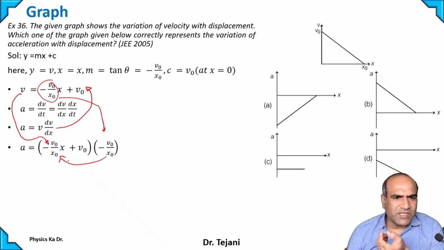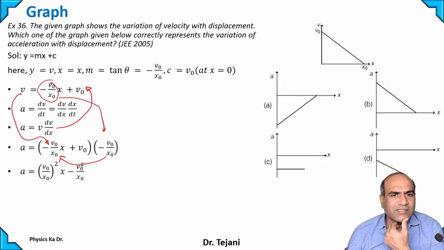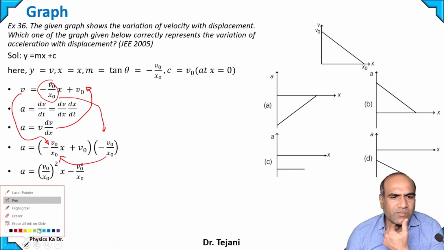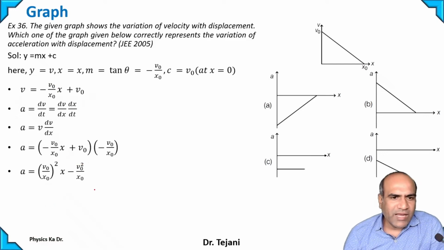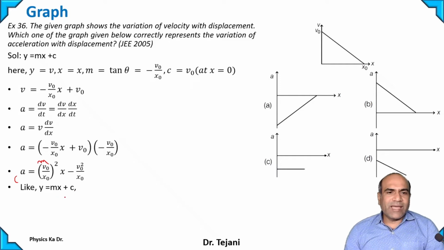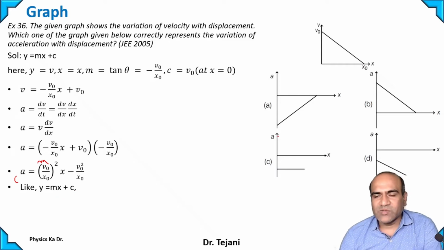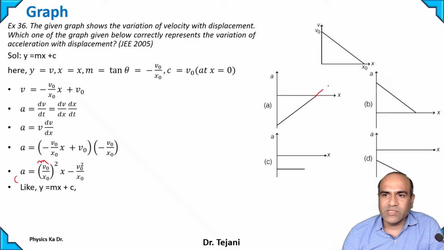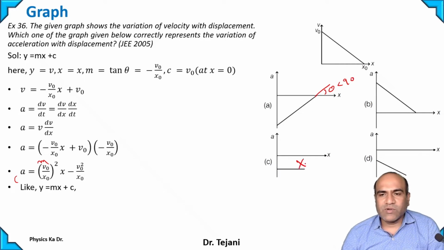Let's simplify this equation. So we can say plus v0 squared by x0 squared times x minus v0 squared by x0. We can take this equation like y is equal to mx plus c, where m is positive, so the slope is positive. This is not there because it is not representing a positive slope.